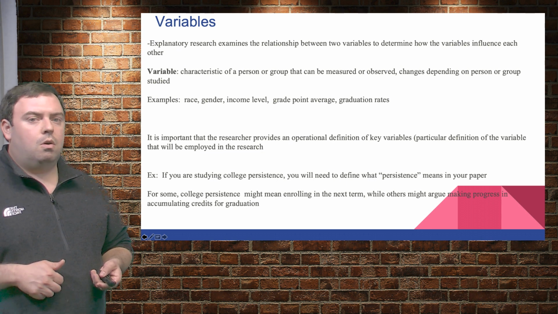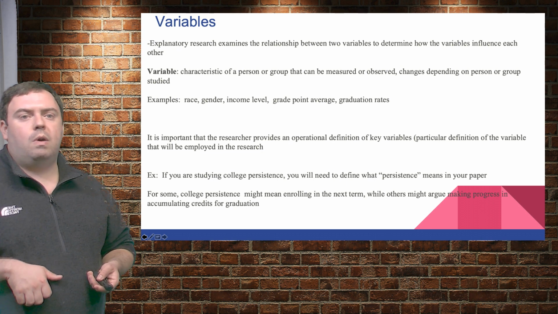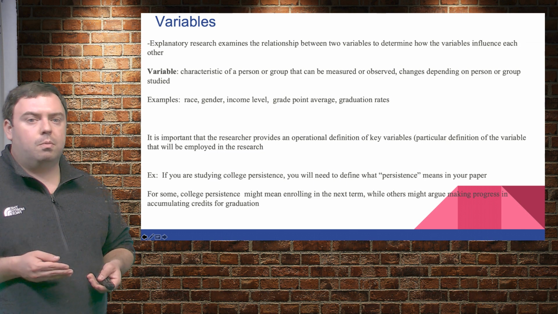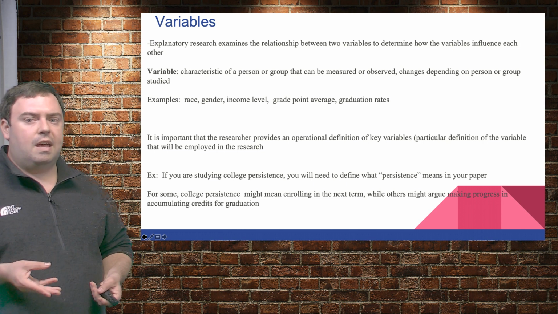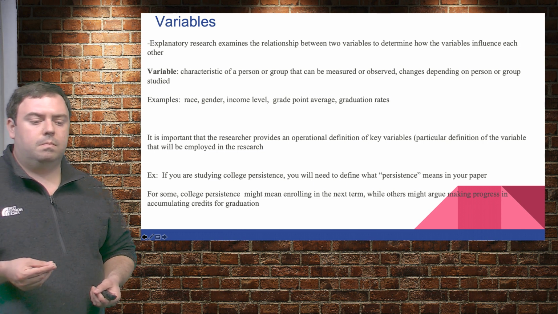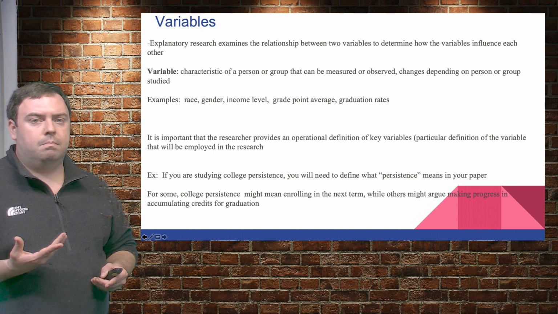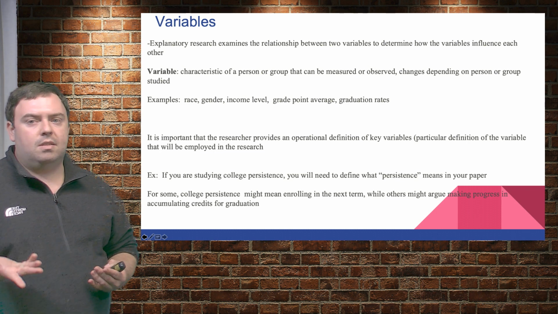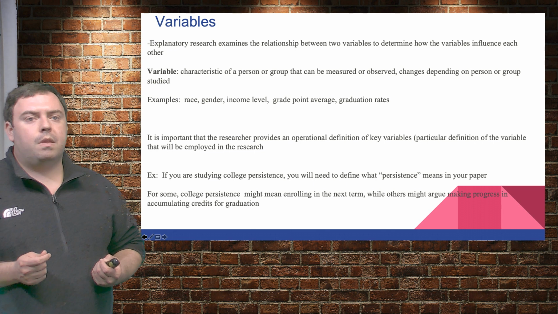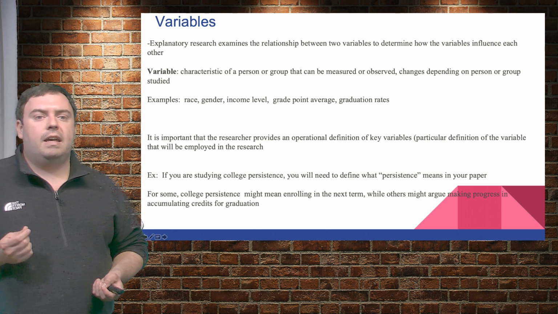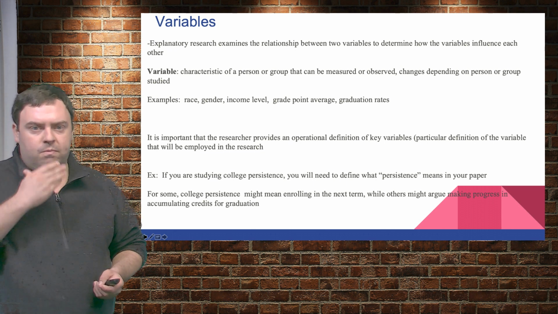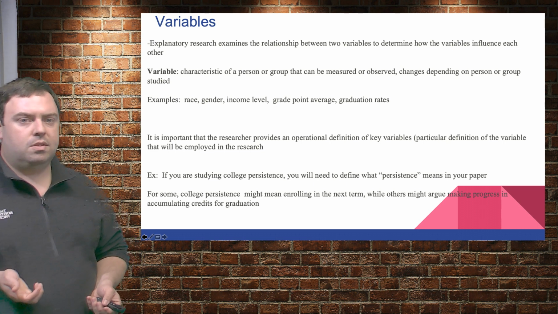But one thing to note also is that throughout your study, when you have variables, things that change or may shift in size or value, you need to make sure that you define those variables. We call that in research operational definitions.